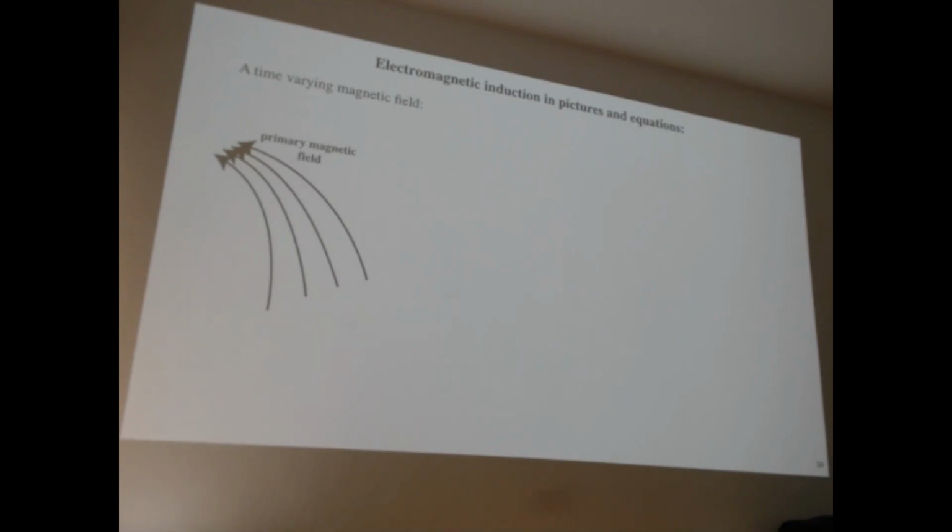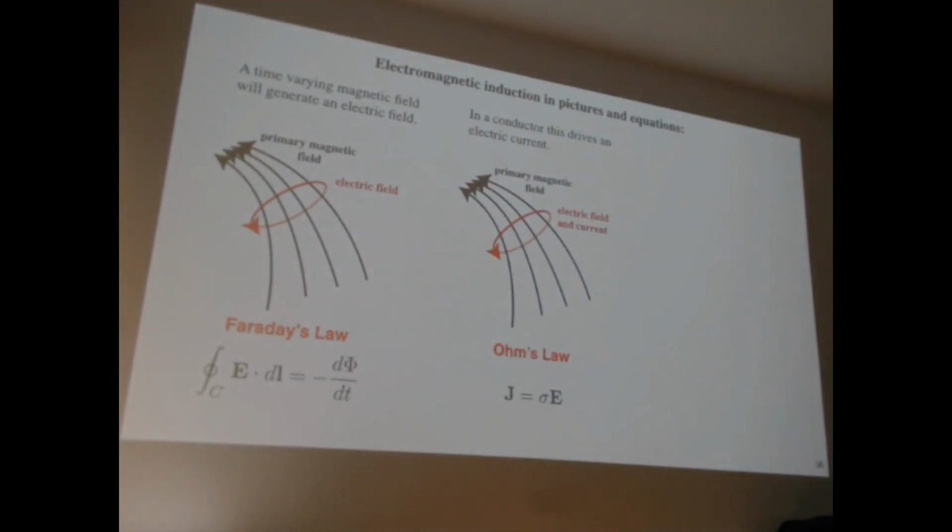So what's going on here in electromagnetic induction? I start out with a time-varying magnetic field. I've got a magnetic field oscillating at some frequency. That's our primary magnetic field. Faraday's law says that I'm going to get a circulating electric field. Ohm's law says that if I'm in a conductor, that circulating electric field is going to create an electric current.